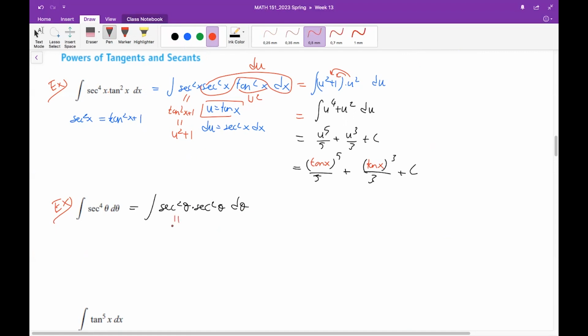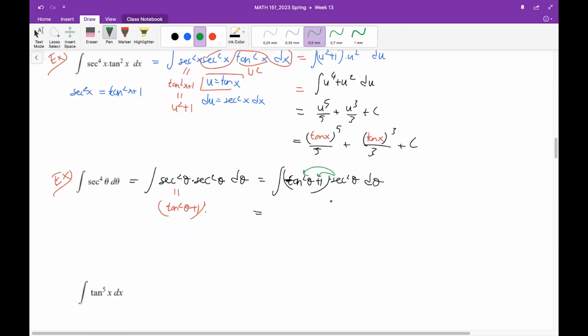So let's insert tangent square theta plus 1 for this one. And then you will multiply this with this thing. Let me write this down. We write tangent square theta plus 1 there, and then we have this d theta. Okay, so do this multiplication, please, like that.